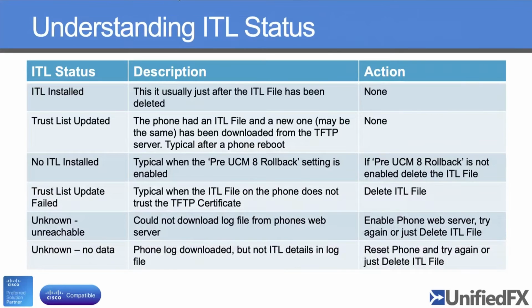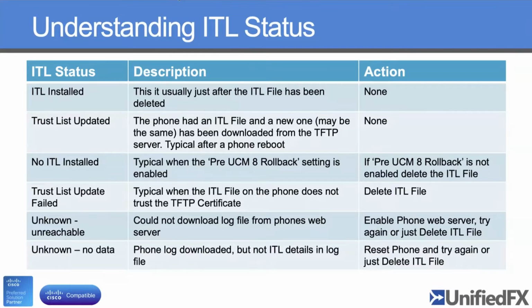So in terms of understanding ITL status, when you use PhoneView to do that asset inventory step, assuming that you have enabled the phone's web server, then you get access to this ITL status information. Generally, this table breaks down what you would typically see in most scenarios from a response point of view, a little explanation of what that generally means and if you need to do anything about it.